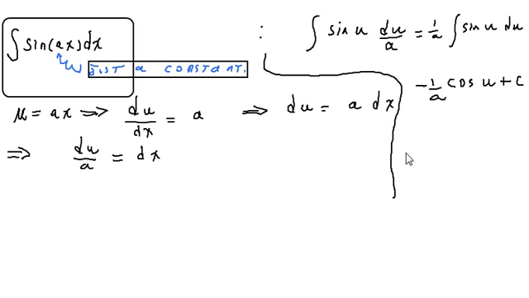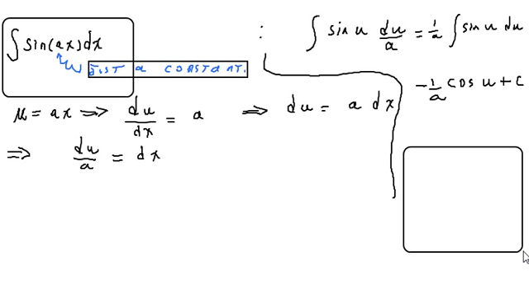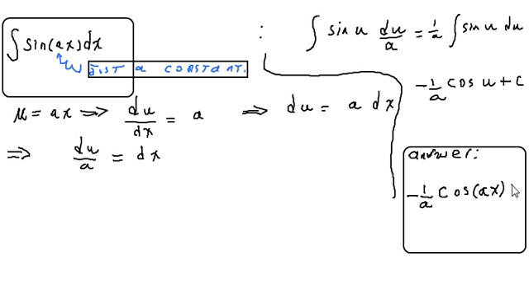So I'm going to write the answer to this indefinite integral in here. The answer is going to be that this is equal to negative 1 over a cosine of ax, where u is equal to ax, plus c.